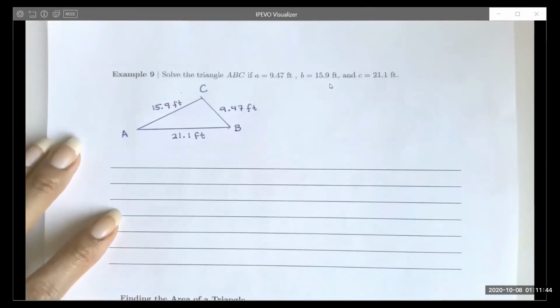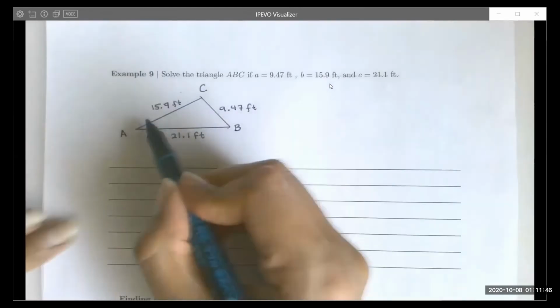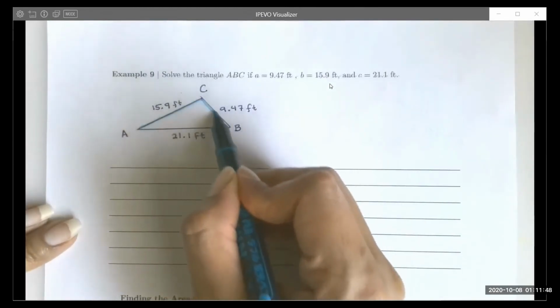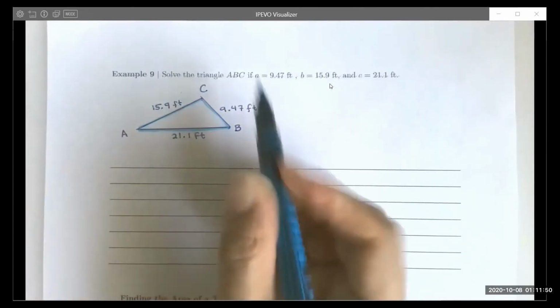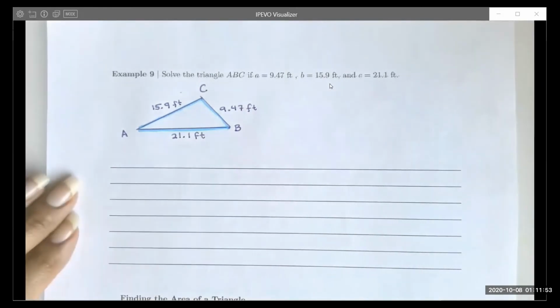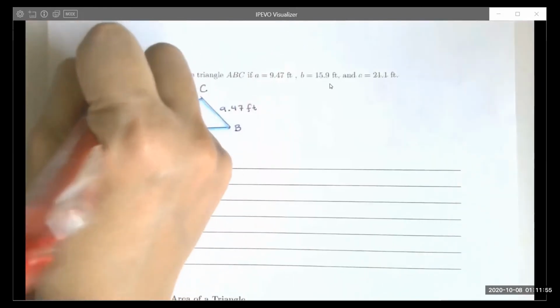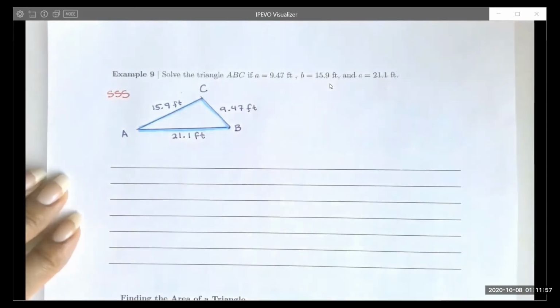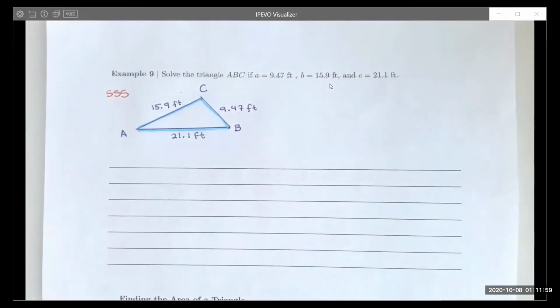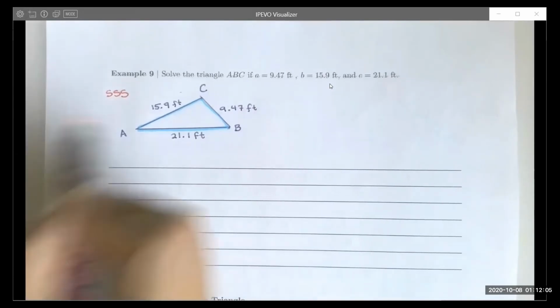All right, so because the 3 sides are given, but no information about the angles, this is a case of side, side, side. Which means we can still use the law of cosines to help us find the missing information. So what is missing?